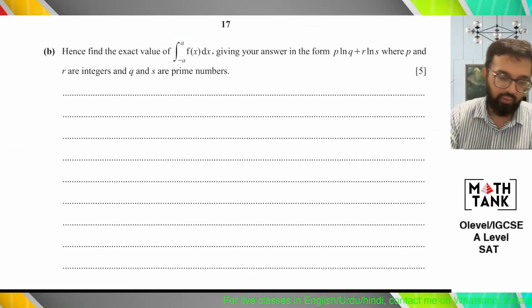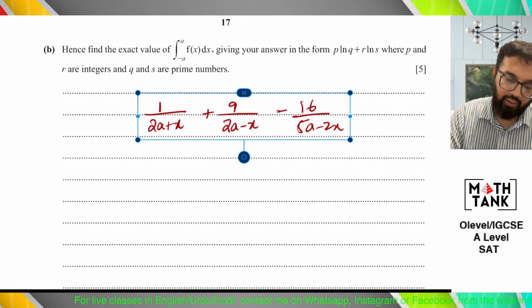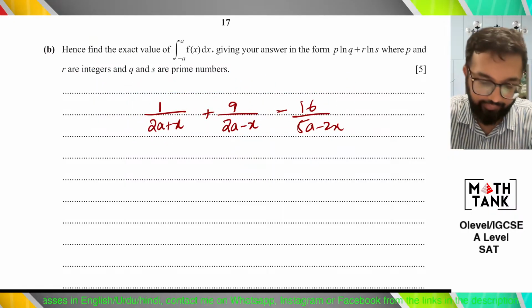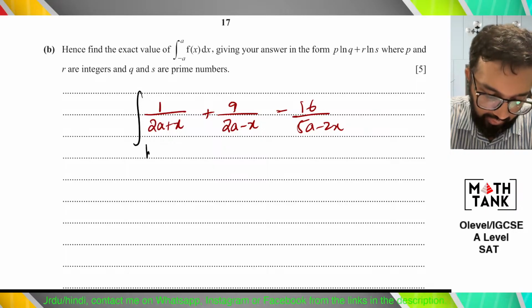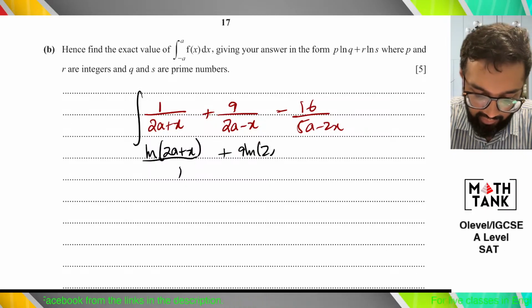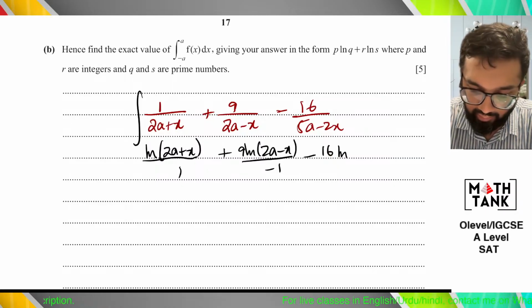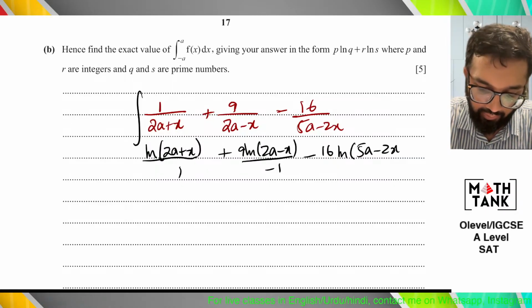Okay. So integrate करना है, let's integrate. So ln 2a plus x divided by 1, ln 2a minus x divided by minus 1, ln 5a minus 2x divided by minus 2.